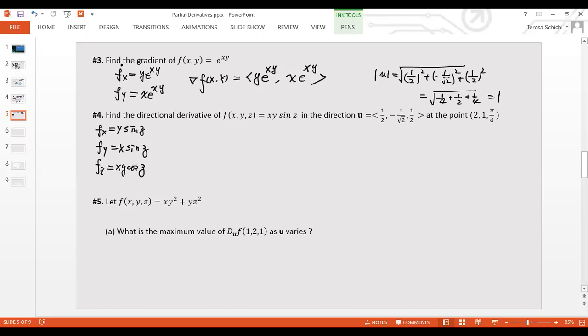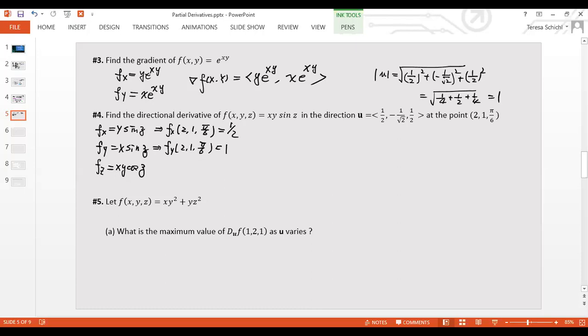And so now I set up, because we are doing this at the point (2, 1, π/6). So f_x at (2, 1, π/6) is 1 times sine π/6. π/6 is 30 degrees, so it's 1/2. And this is f_y at (2, 1, π/6), so it's 2 times 1/2. So this will be 1.